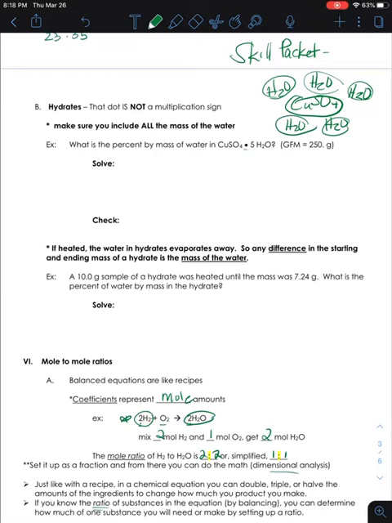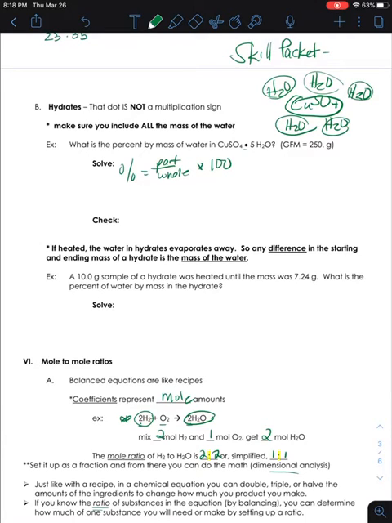Okay. Now, when you're doing this, you have to be mindful that, while I'm just looking for the water, you need to consider what the gram formula mass is giving you. I always like to double check and make sure that everything is accounted for, and I would recommend that you do that as well. So again, my math: percentage equals part divided by whole times 100.